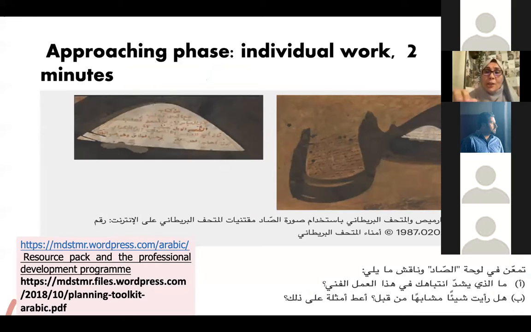So looking at the Saad, I want you to look at it. This is the approaching phase that I do with my students. It's an individual work for 2 minutes. I want you to look at it. Now, this is the question that I would give to my student.